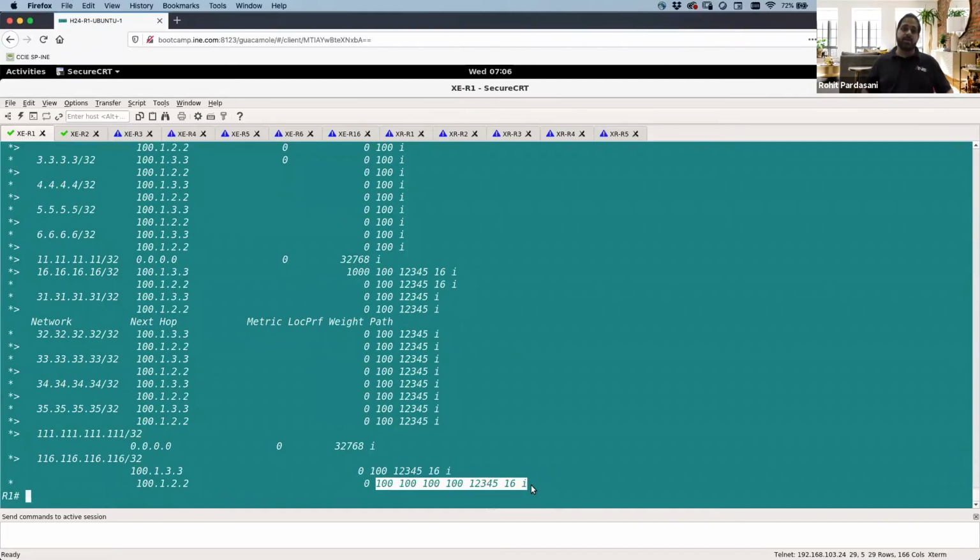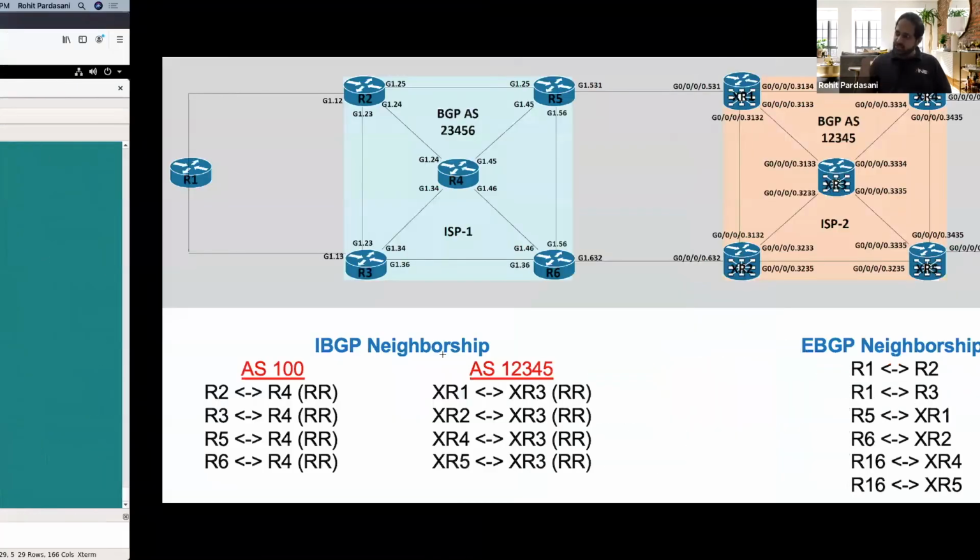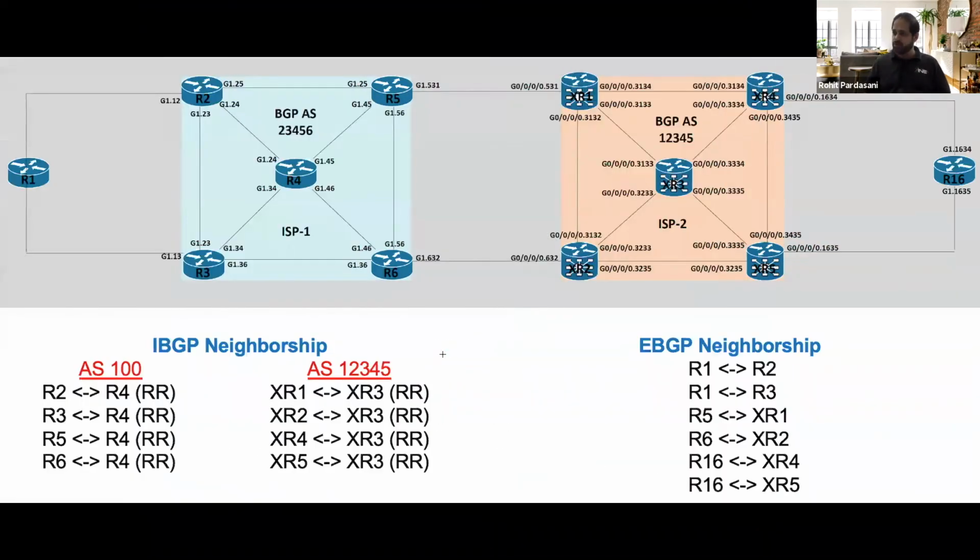Same thing can be done on XR routers. Again, a route policy. So let's try this on XR1 also. Let's try it this time for R1's loopback. So I believe R1 has a loopback 1.1.1.1, and R16 is going to R1.